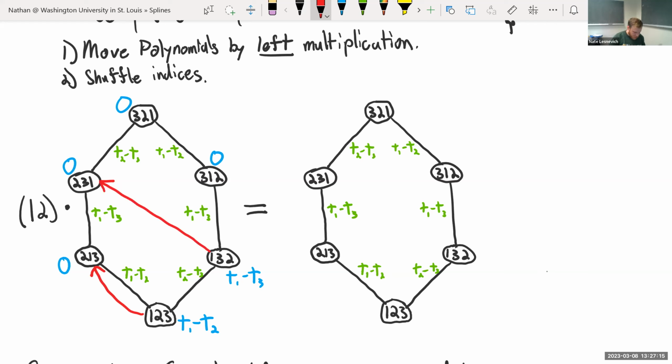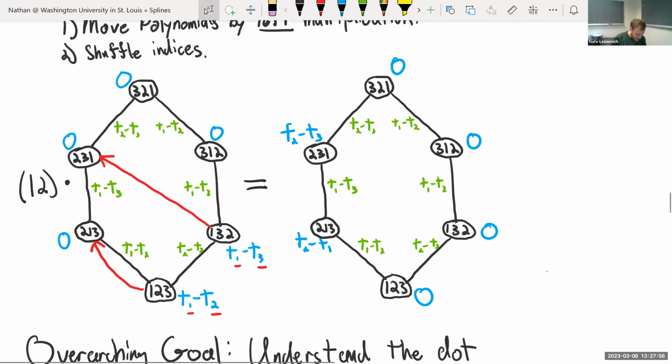So we know where those two pieces are going and what's going to happen to their indices. Everywhere we see a 1, we're going to write a 2, and vice versa. So our new spline is T2 minus T3 and T2 minus T1 after we apply that action. And everywhere else we're zeros, and that's not going to change anything. So that's how the dot action works.